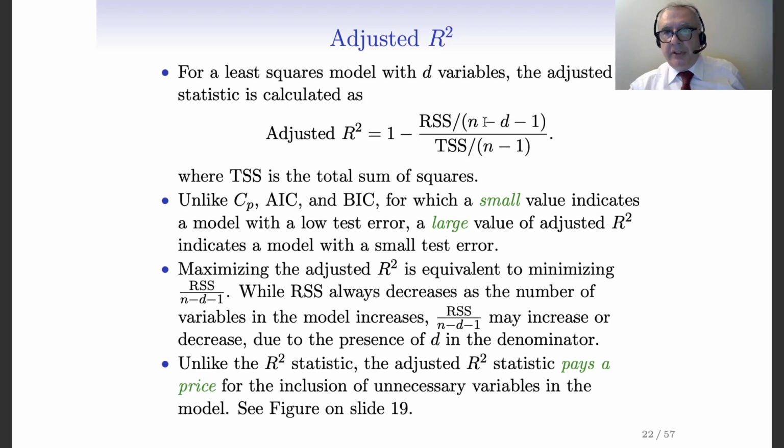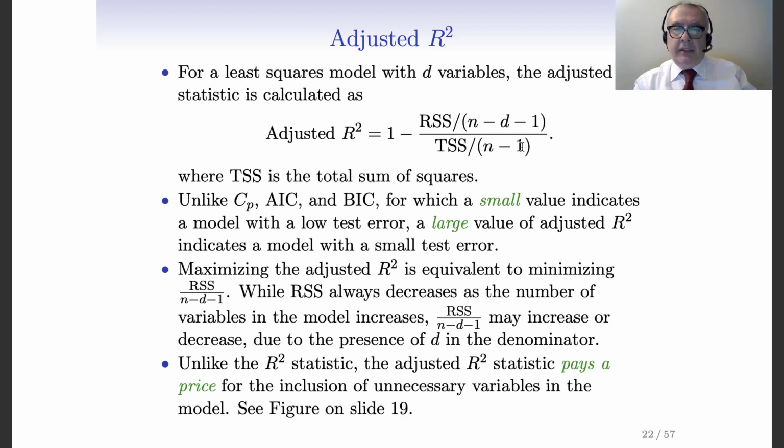An easy way to remember is that this is n minus the total number of parameters. So if you have p predictors, the number of parameters will be p plus 1. So you are computing n minus (p plus 1). And here you have n minus 1 because the number of parameters in this case is 1, because you just have the intercept.